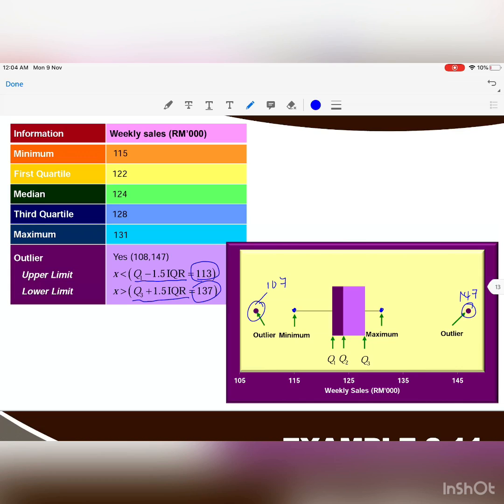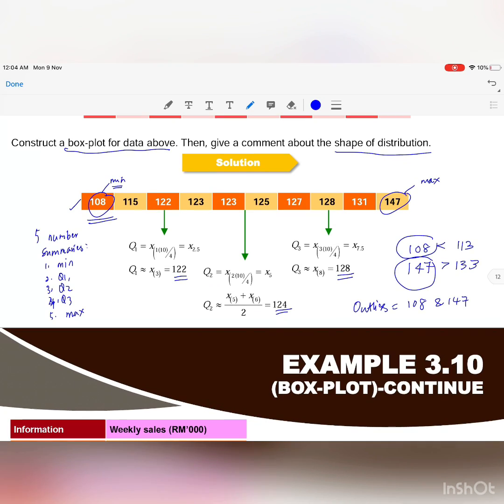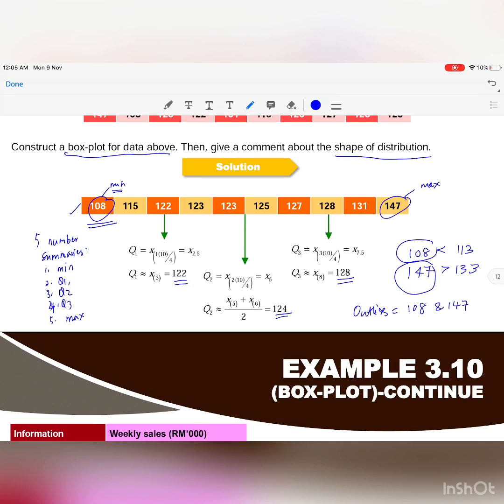Class, remember that if the minimum number has been taken by the outliers, then your minimum is the next one. 108 should be the minimum, but it has been taken by the outlier here. So 115 becomes the minimum because this one has become an outlier.